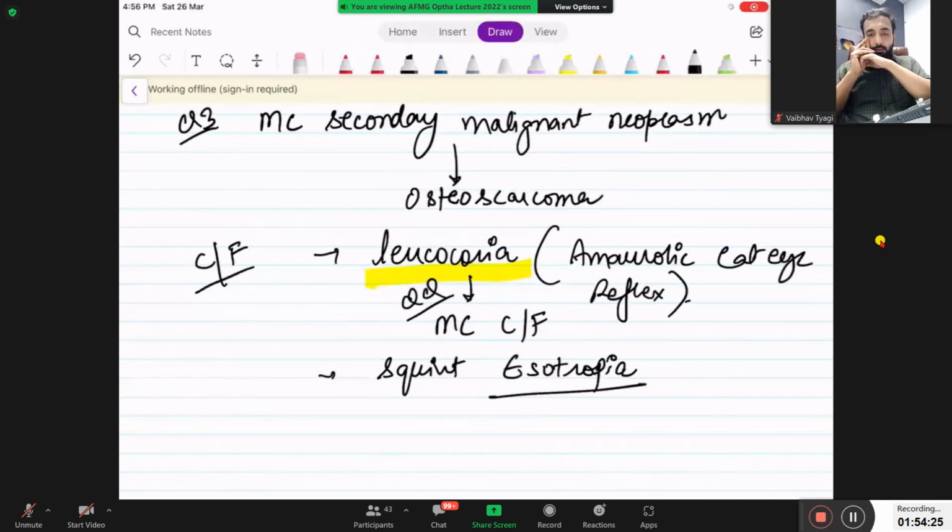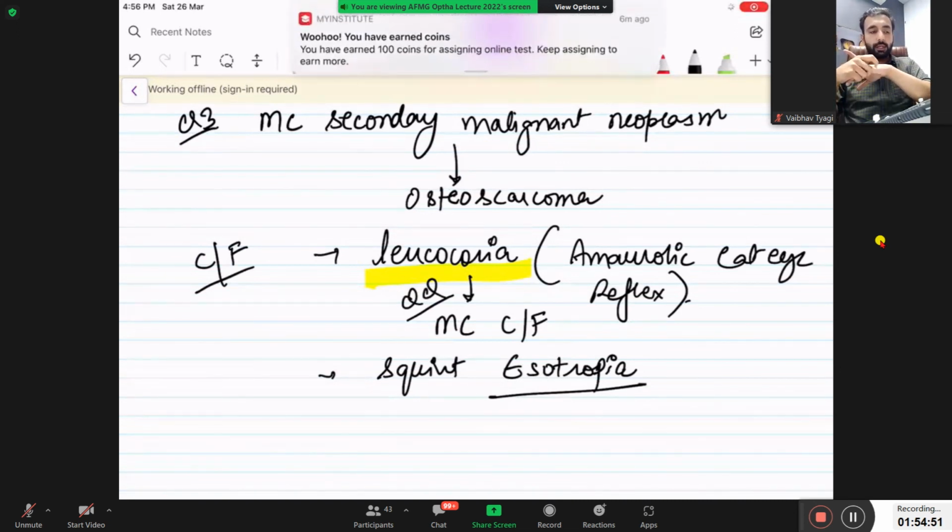It will be deviated towards my nose, right? If my eye is deviated towards my nose like this, then the squint is called as esotropia. If my eye is deviated away from my nose, outside, that is called as exotropia. Clear? Eso is towards my nose, right? Give me a thumbs up if it is clear. Esotropia, exotropia.